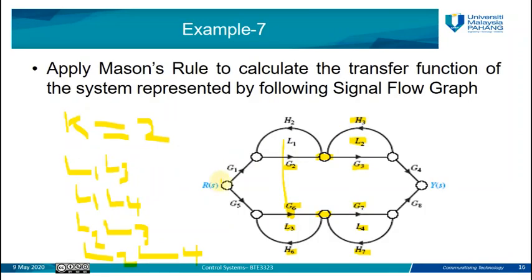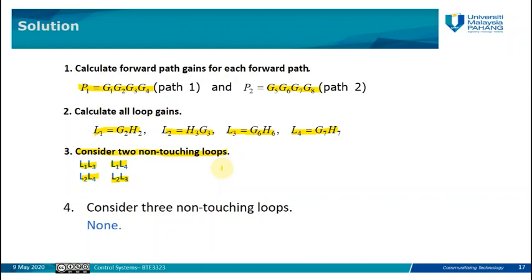If you go to the figure, L1, L3 means G2H2 times G6H6. Okay, so we have 2 non-touching loops to each other.